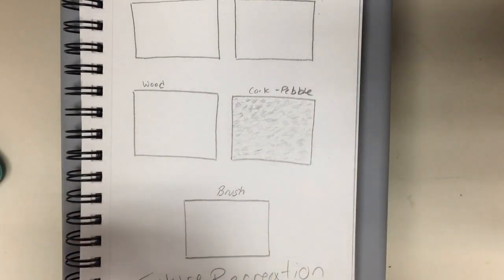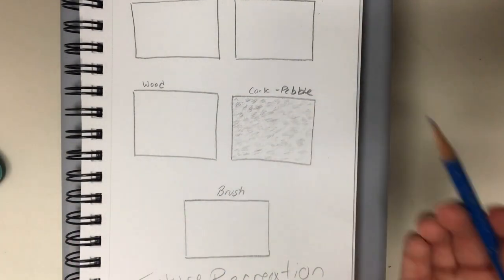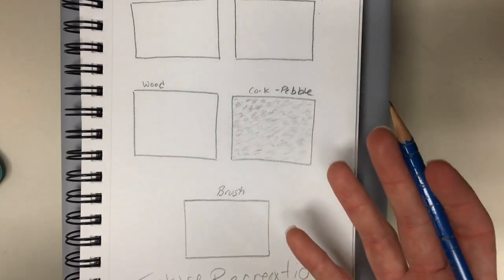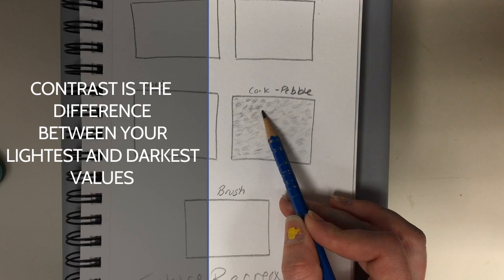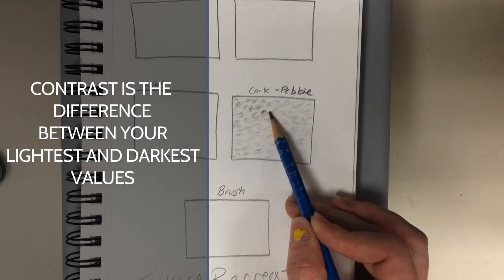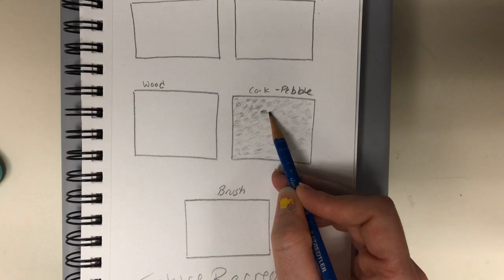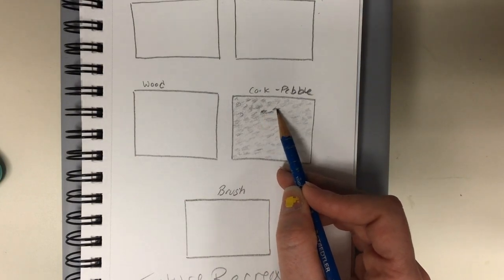In some of the areas, the divots get a little bit darker, and the way to recreate a texture, the way to recreate depth, is by adding contrast. I'm using my other pencils here. I'm not just working with one pencil.